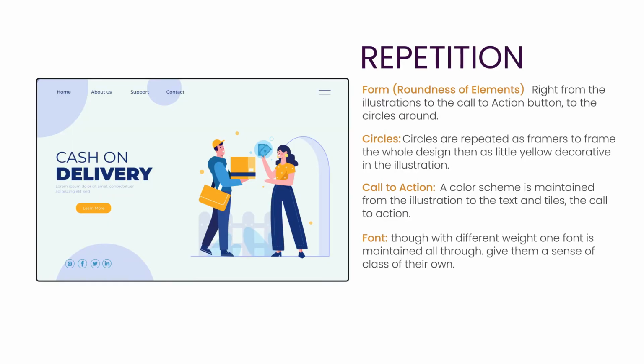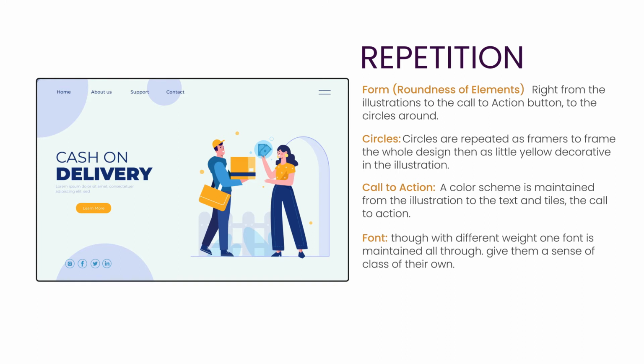This is a case study of a landing page also. So, for instance, you can see there's repetition of form. Form, what do I mean by form? Every element is rounded. If you check the illustration, the heads of the characters are rounded, their bodies are rounded.